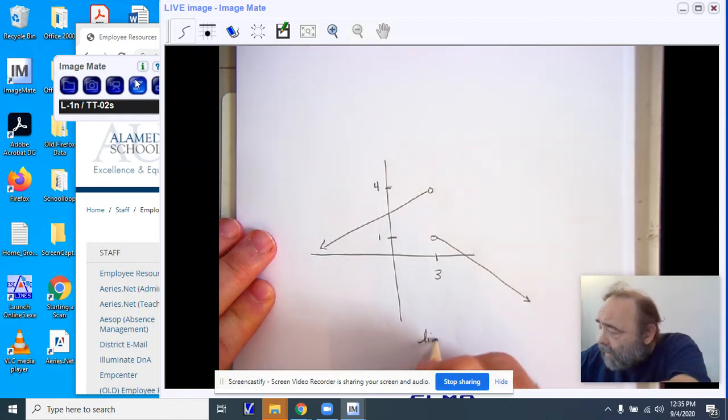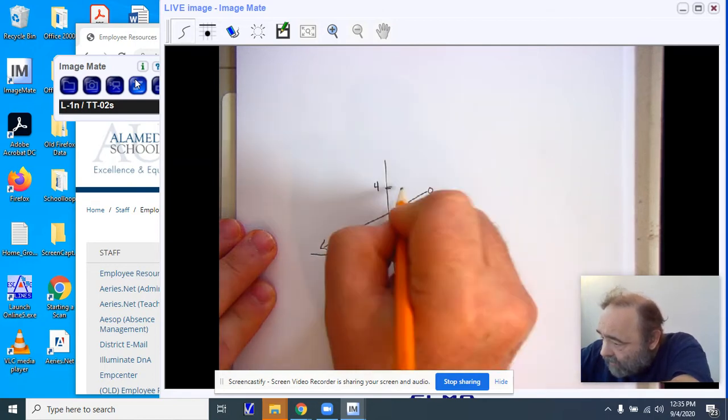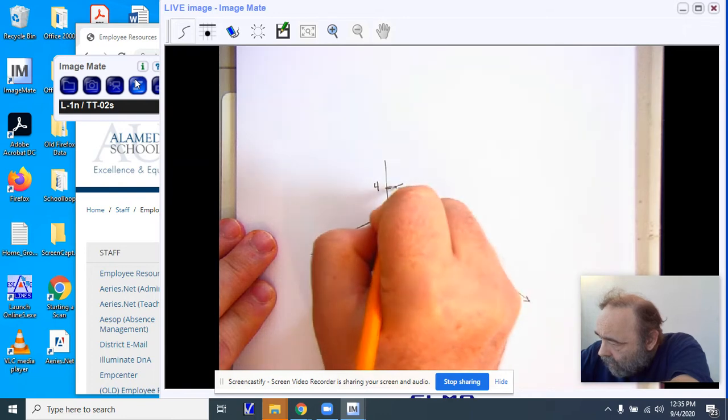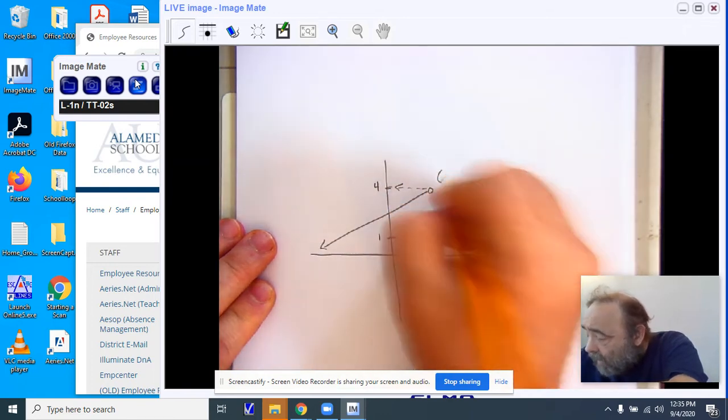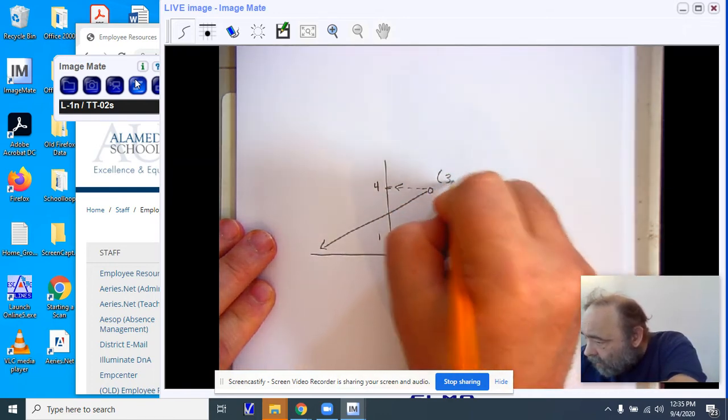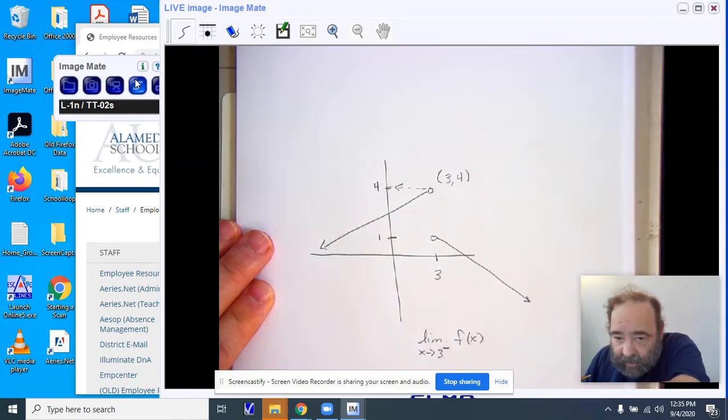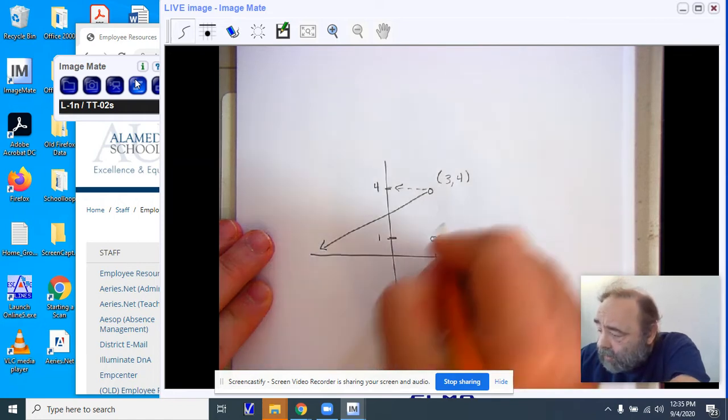So we're looking at the limit as x approaches 3 from the left for this function is the y value associated with the point that is the open circle, 3, 4. Notice the limit is the y value associated with that point, even though the point is not filled in. It's our journey. It's what we're getting closer to, not what we actually reach.